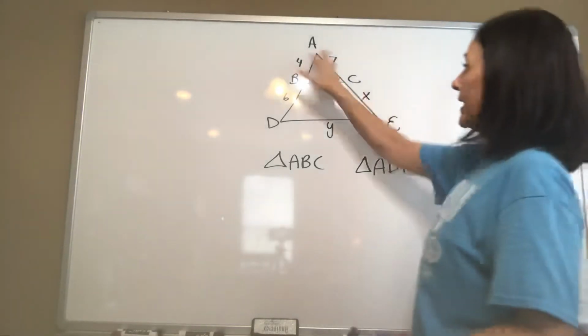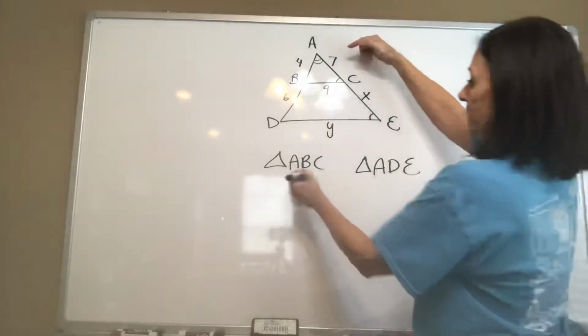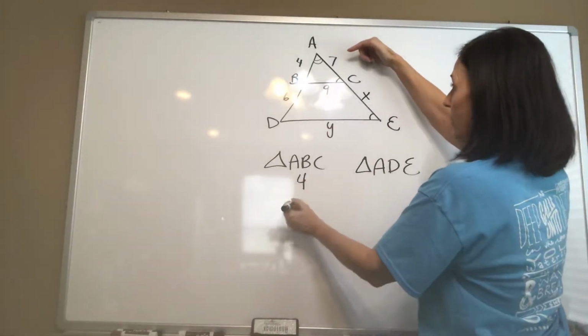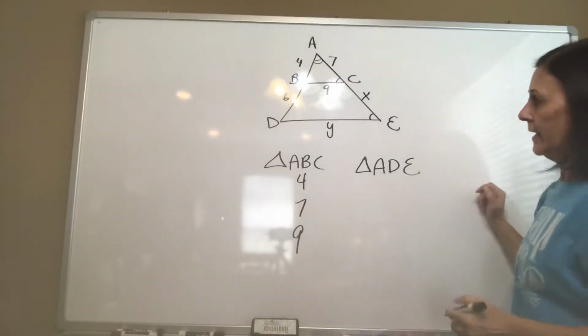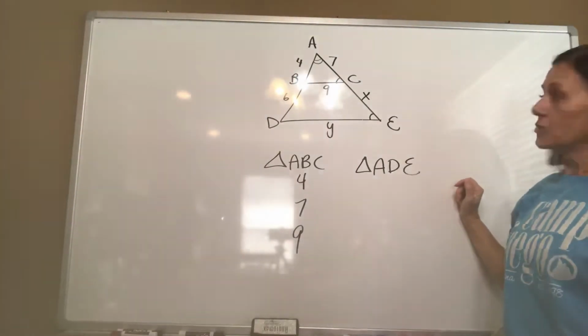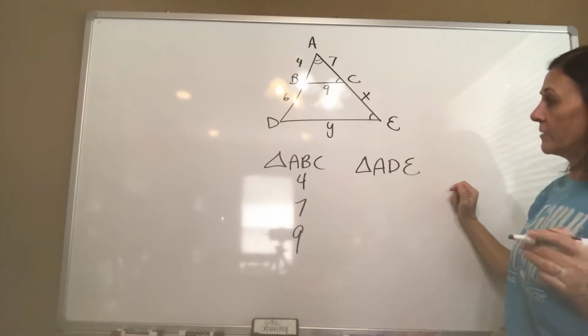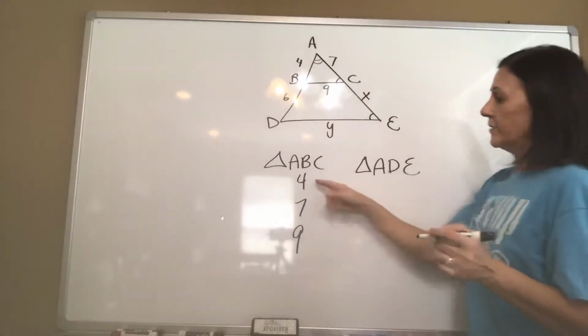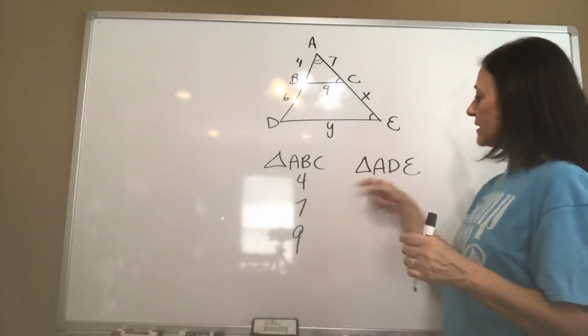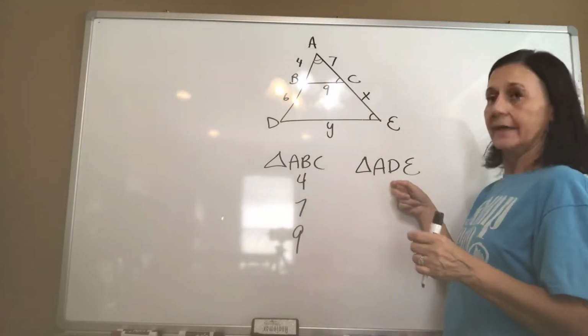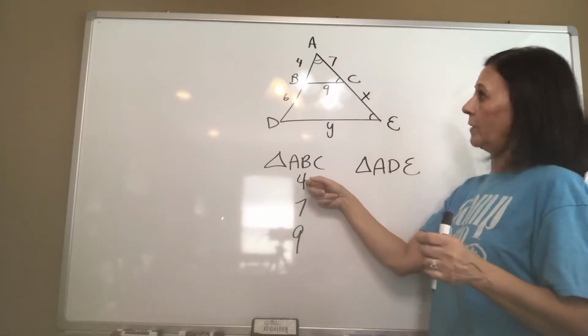And similar triangles have proportional sides. All right, so when we're looking at the triangle ABC, we'll write the sides 4, 7, and 9. And we're just going to solve x and y using ratios. All right, the 4. We have to know corresponding sides. What side in ADE corresponds with the 4?